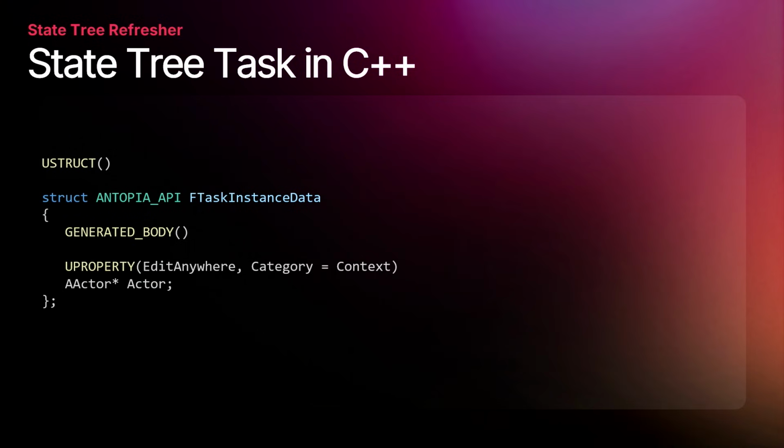First thing you need is instance data. Instance data is a custom per-instance storage used by that task node when it's executed at runtime. It enables each running copy of the task to maintain its own local state rather than sharing it across all uses of that task class.